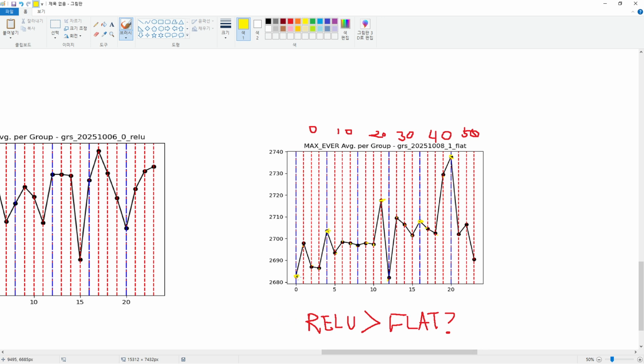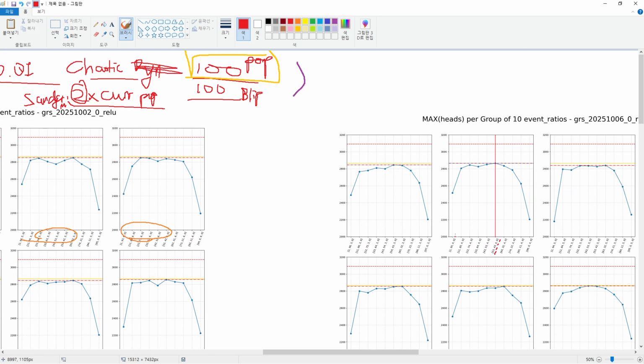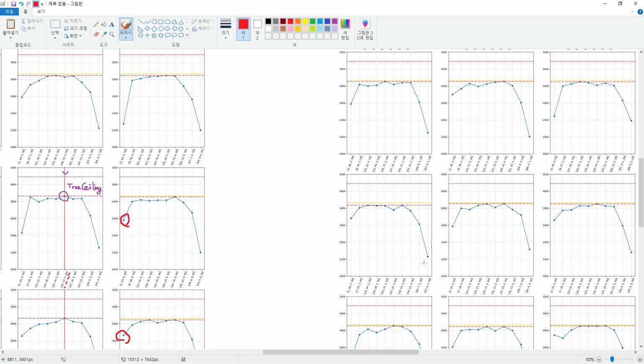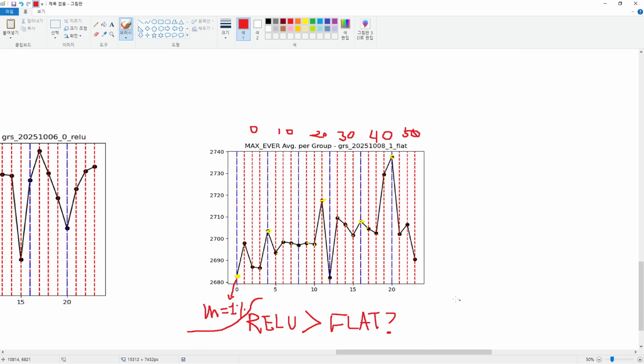But then again, this is because this very first one is always when the mutation ratio is at 1%. This is m equals 1%. So it's really hard for anything to actually... no, well, not exactly, because this is also when it's at 1%. So is this, and so is this.